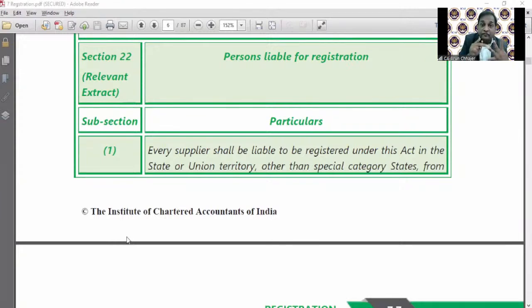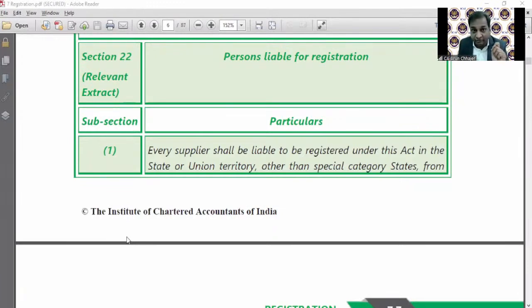Third, if a business is transferred on a going concern basis, I have transferred my business to Mr. B, Mr. B has to take compulsory registration. Fourth, if it is transferred on account of amalgamation, etc., then the new entity has to take registration. We are discussing one by one in detail.